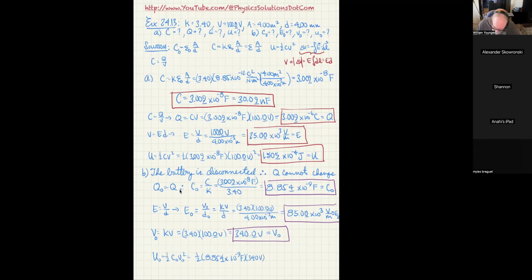So what you see has happened here is the capacitance went down by a factor of 3.4, but the voltage went up by a factor of 3.4. So basically, we're going to take the energy we had and divide it by 3.4, and then multiply it by 3.4 squared. So we should ultimately get 3.4 times larger than the energy we had the last time.